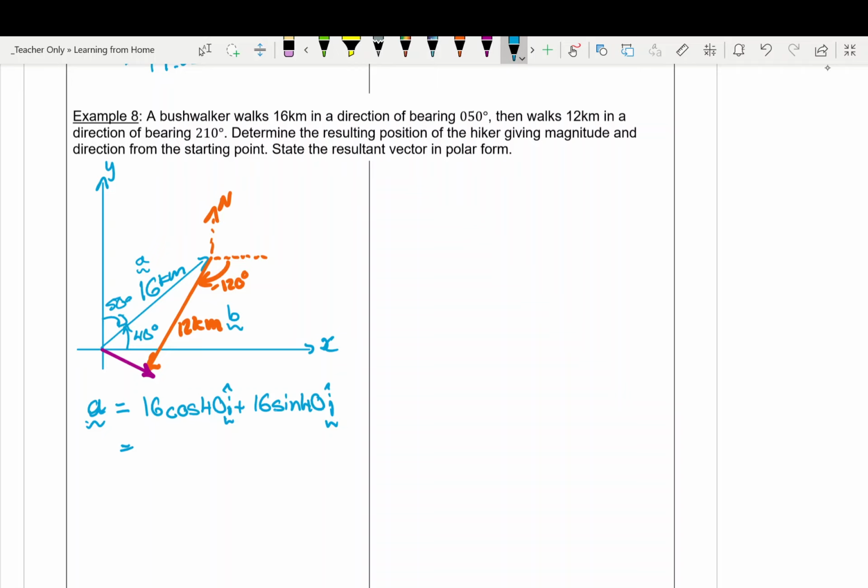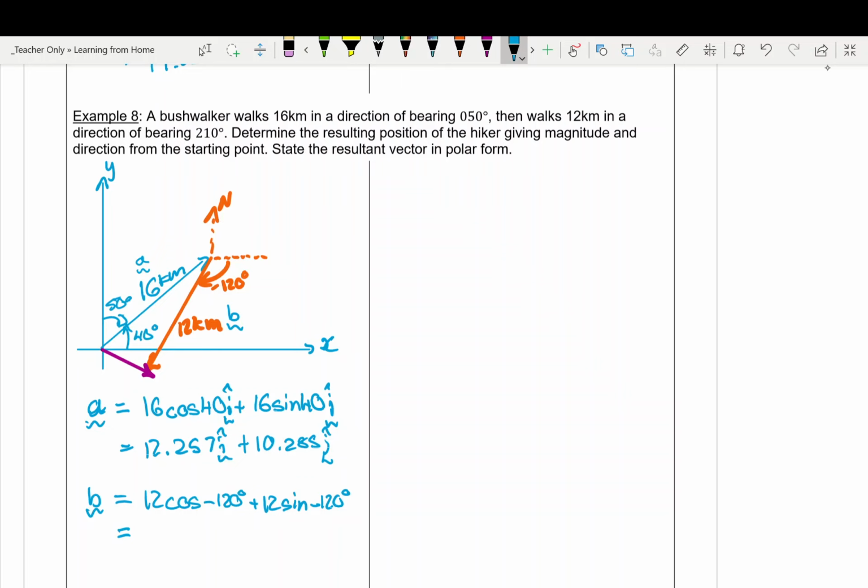That gives us 12.257 i plus 10.285 j. Okay, and then B is going to be 12 cosine negative 120 plus 12 sine negative 120, which actually is the same as cosine of 240 and sine of 240, if you would prefer to strictly use the positive directions.